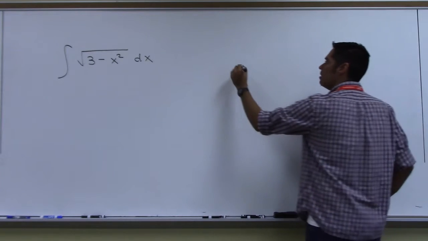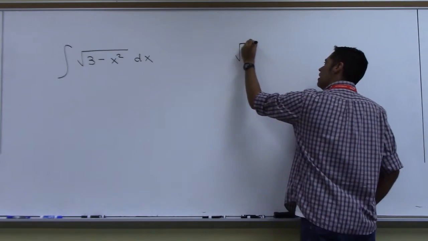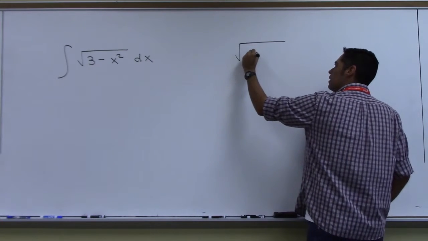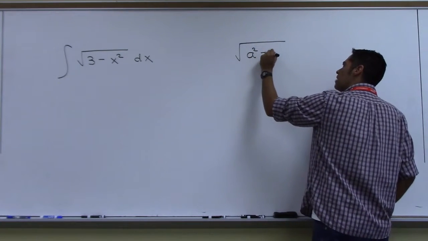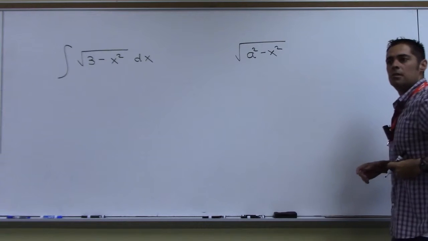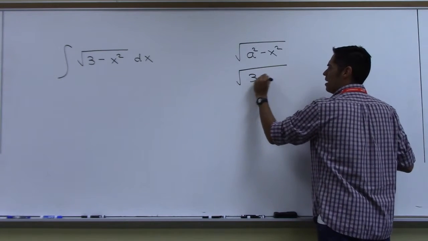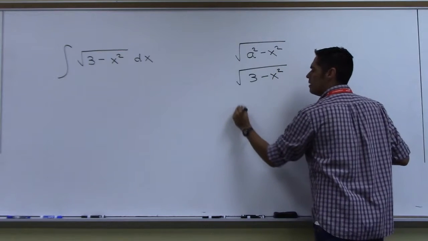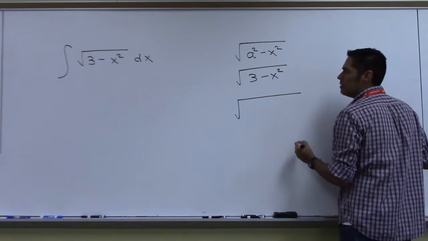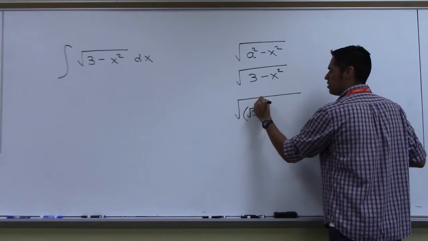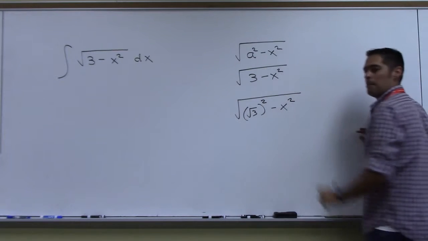And so which of the formats does this fit into? A squared minus x squared, right? And for us, it's 3 minus x squared, which means that it's the root of 3 squared minus x squared.